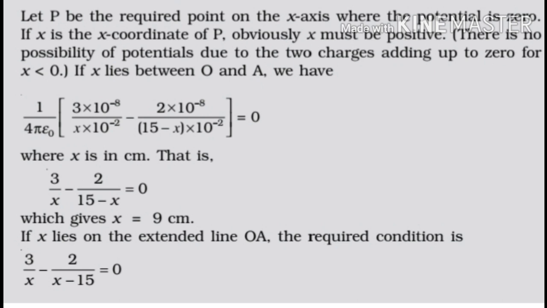If you equate all those things, the denominator will go to the other side, and the remaining things alone will be there. So 3 by x in the first term, minus 2 by 15 minus x. The 10 power minus 2 factors cancel out when equated with 0. Which gives x equal to 9 centimeter.